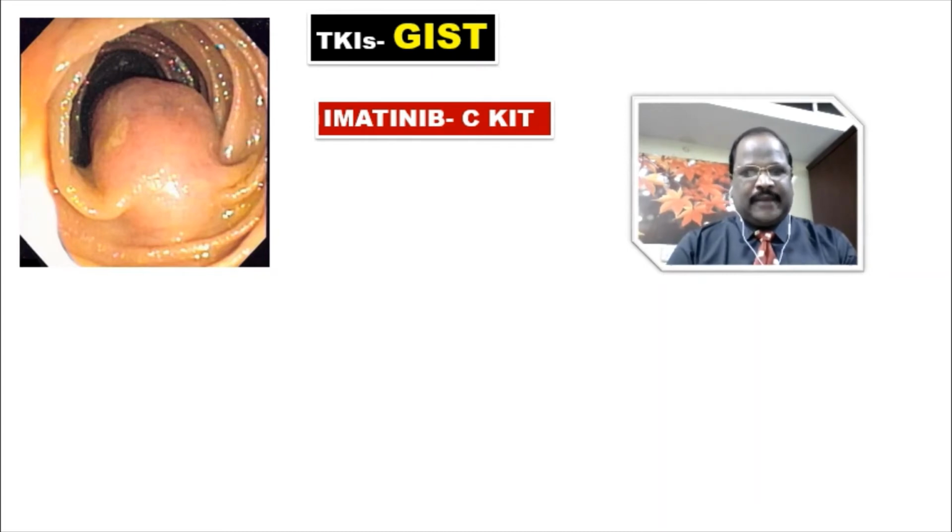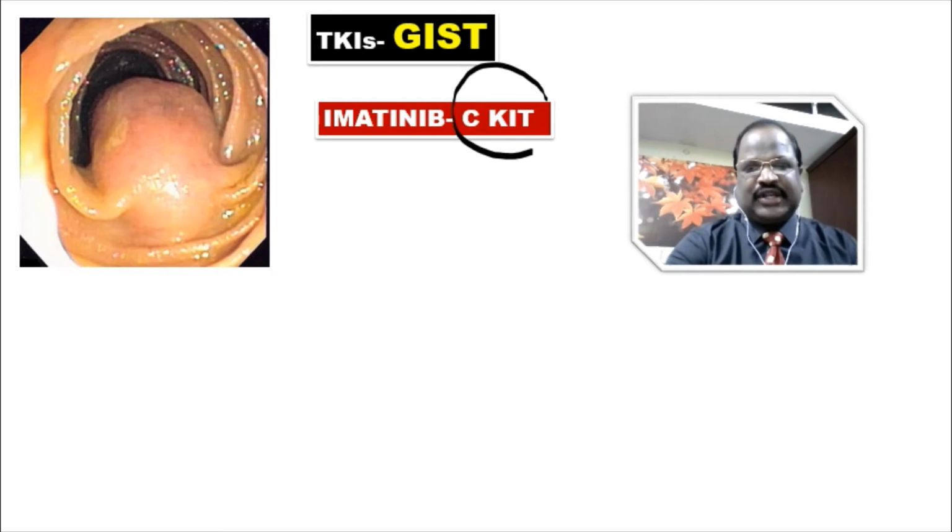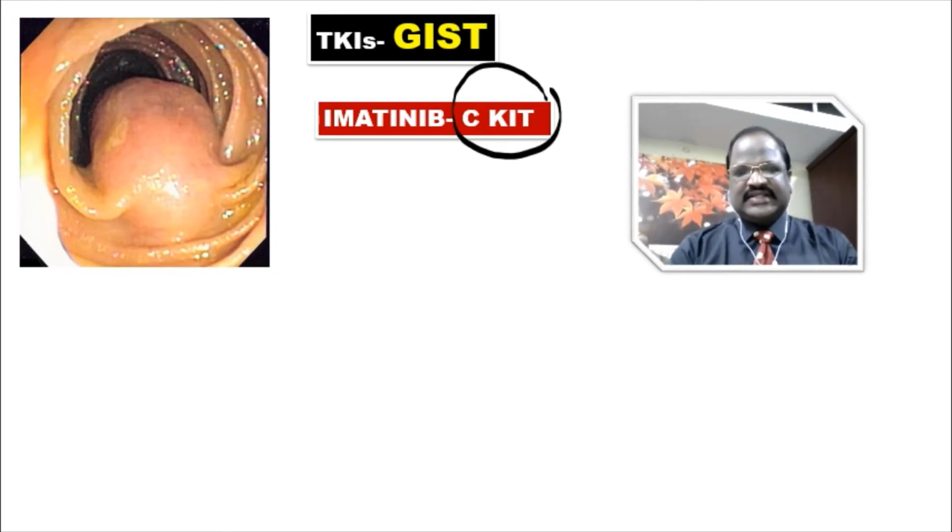Look here, imatinib in case of GIST targets c-KIT. So the target of imatinib in case of GIST is c-KIT. Suppose the c-KIT undergoes alteration or mutation, in that case imatinib may develop resistance. So for the treatment of imatinib resistant GIST we use a newer drug called sunitinib.